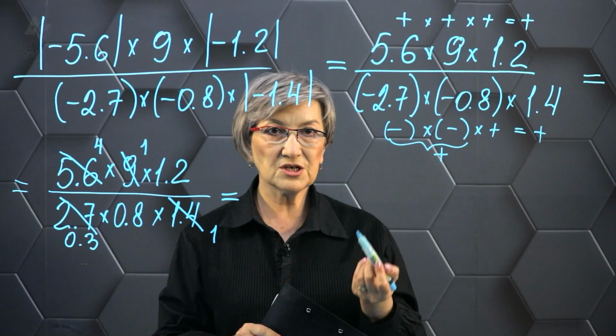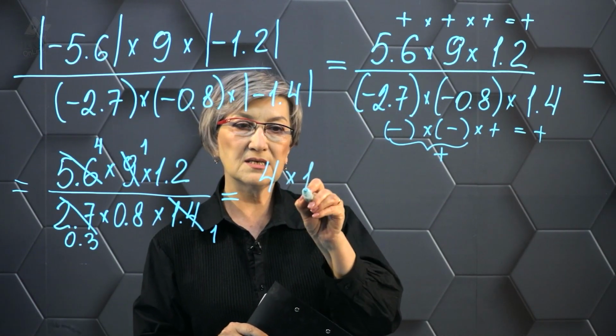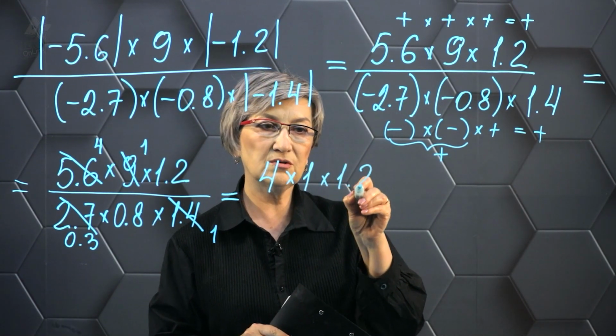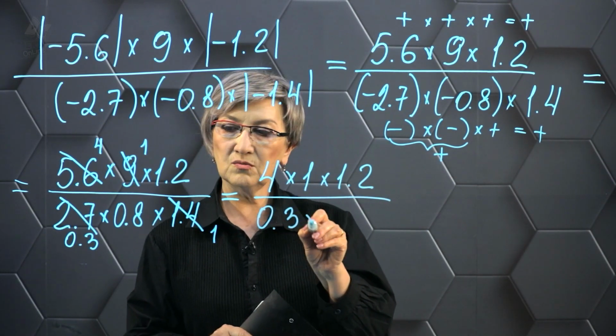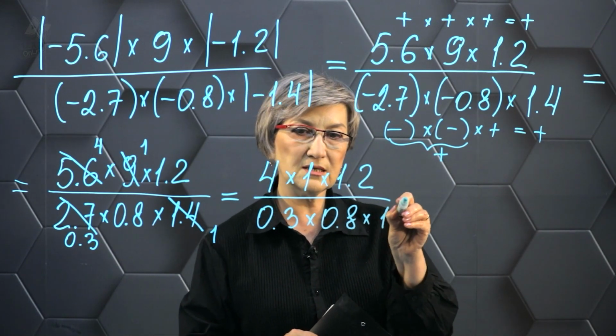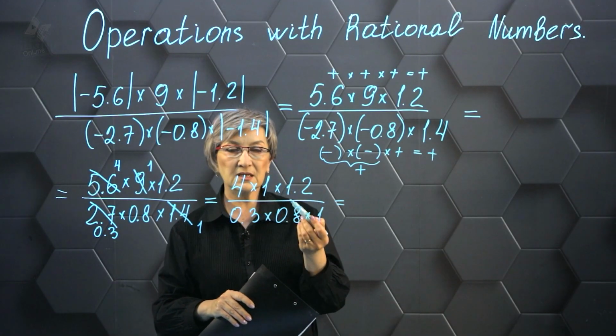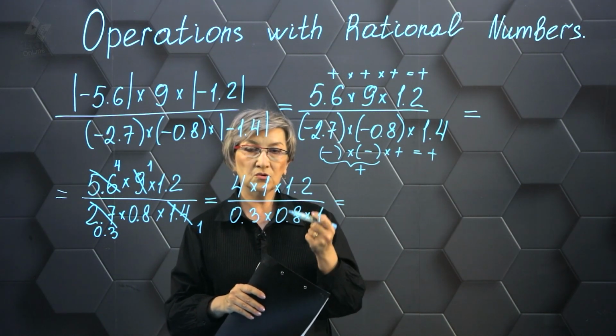Let's rewrite the numbers we got. 4 times 1 is 1 and multiply by 1.2. Divide by 0.3 times 0.8 and multiply by 1. Notice that our numbers have gotten smaller. They are easier to work with.